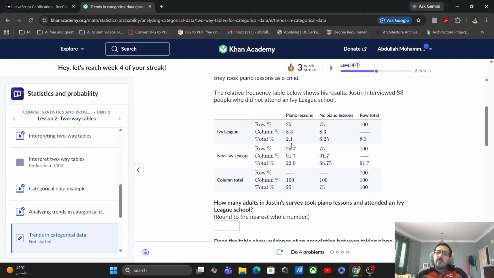It's 1.1% out of the whole 100. Wait, 2.1% out of the 100 also.